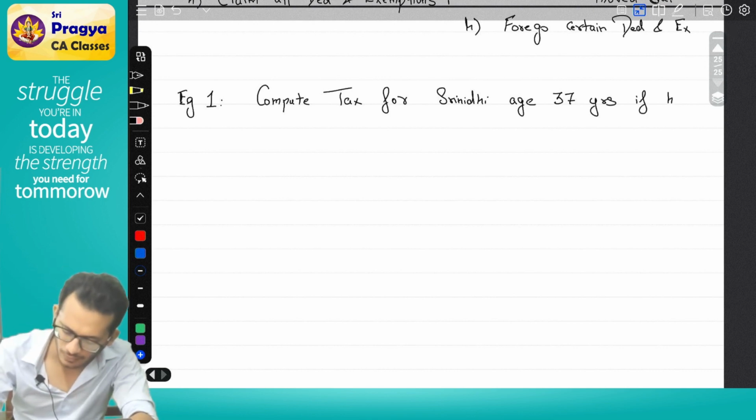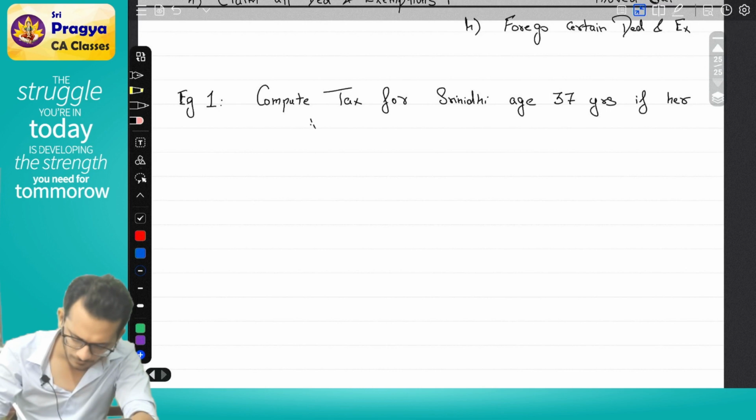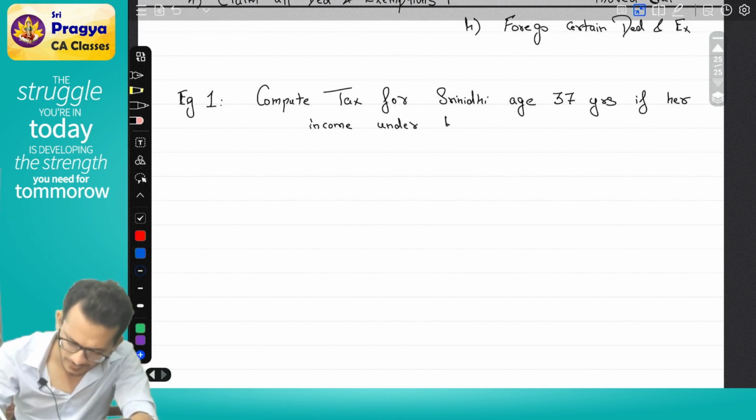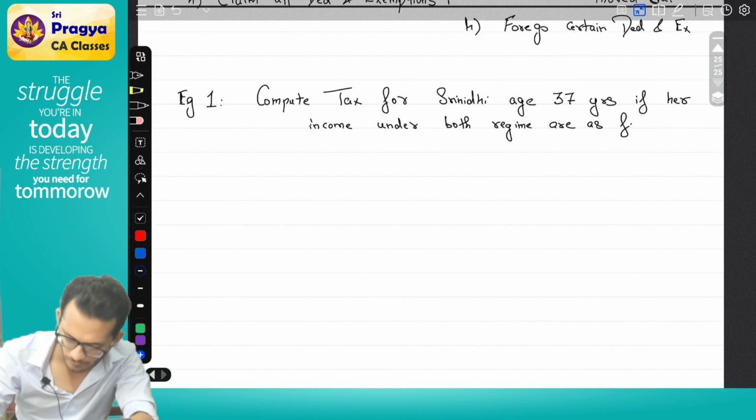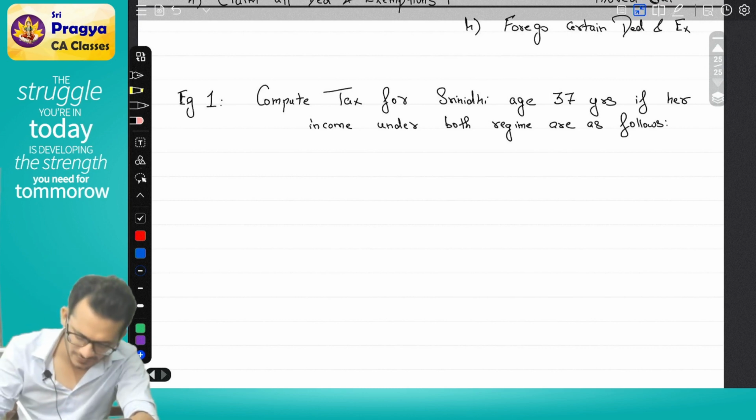If her income under both regimes is as follows.